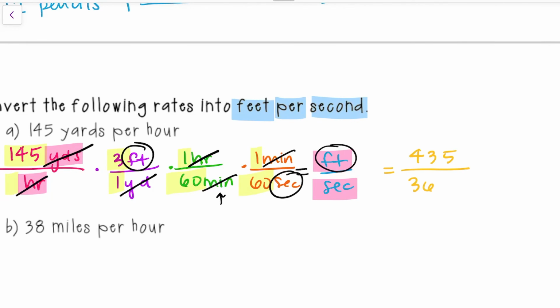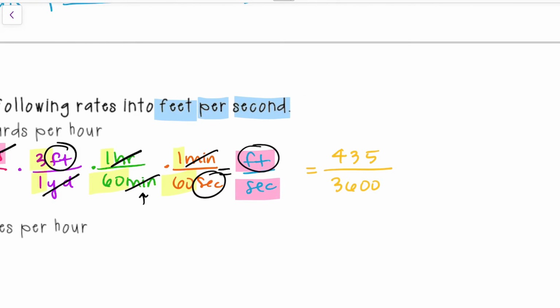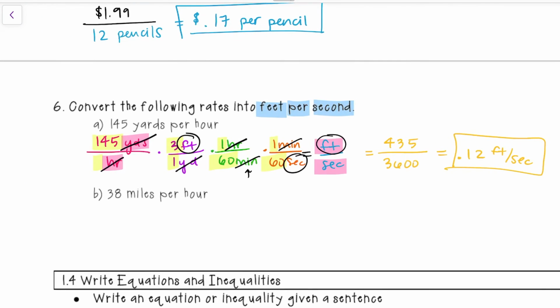Altogether, I have 3,600. From here, I just divide. 435 divided by 3,600, I get about 0.12 feet per second, because remember, those were the units we were trying to end at. You will do problem 6B for homework, and then we'll get started in section 1.4.